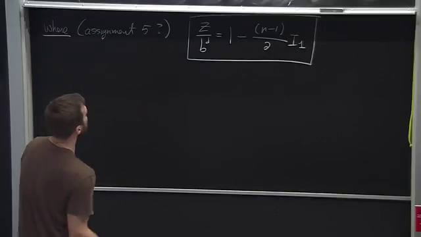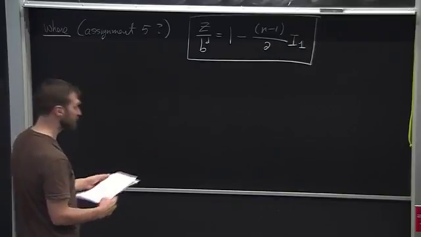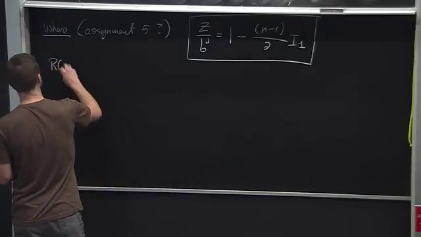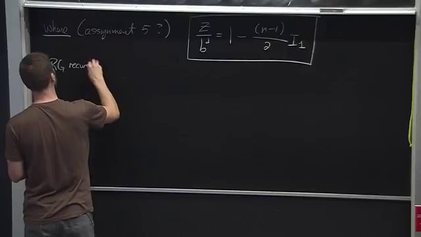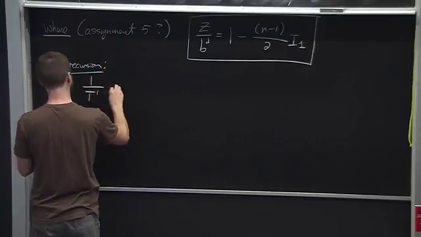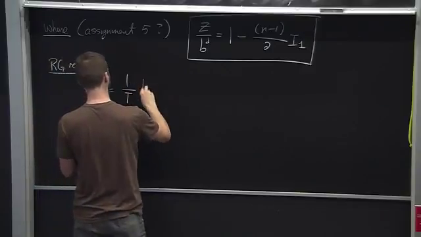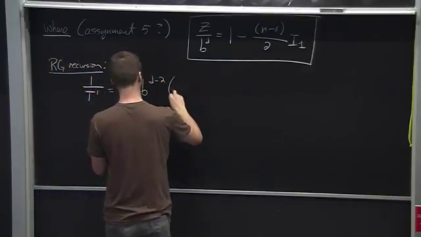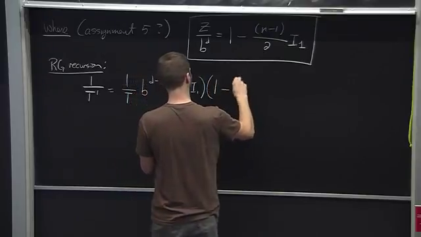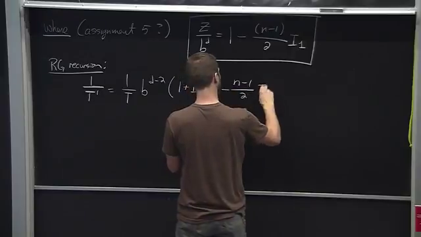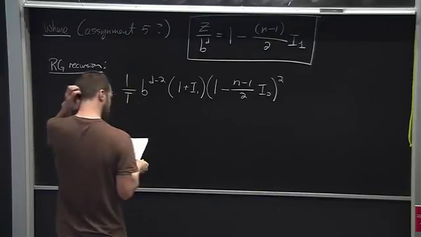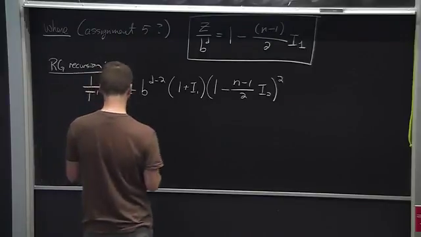Okay, so that's it. That's all you need. And the RG equation then, which again gives us the fixed points and everything, looks like this. Let me square that.